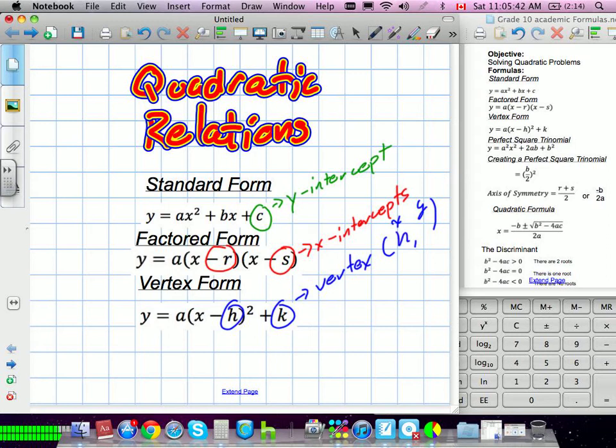Okay? So that's why we have all three different forms, so we can look at it and be able to tell in terms of graphing, instead of having to constantly plug numbers in and out. Now, there's different ways to go from one to the other. We're just going to focus on, I think today, going from vertex to standard. Okay, and in order to do that, we expand and simplify.